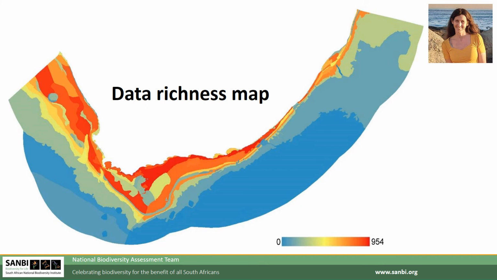Finally, we can compile the different data sets that we've used to delineate and characterize our different ecosystem types into a map that reflects the data richness for each ecosystem type. This is what it looks like, and you can really see that there is much more data available on the shore and the shelf, with decreasing data density in the offshore environment.